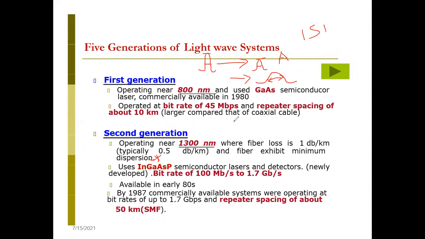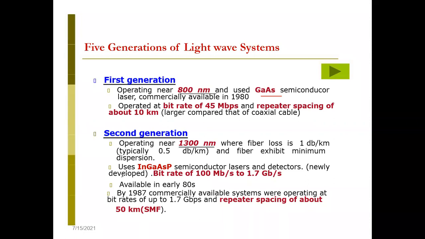Okay, so in the second generation, what happened? We were able to overcome the loss as well as reach minimum dispersion. Here we had two alloys to make the semiconductor. Here we have four: indium gallium arsenide phosphide semiconductor laser, and detectors were also developed. So new detectors came.